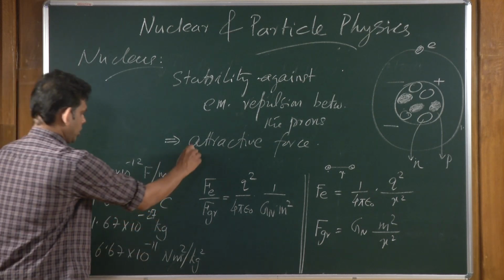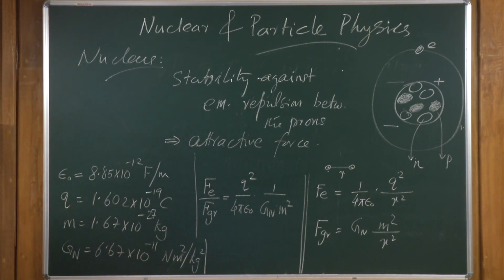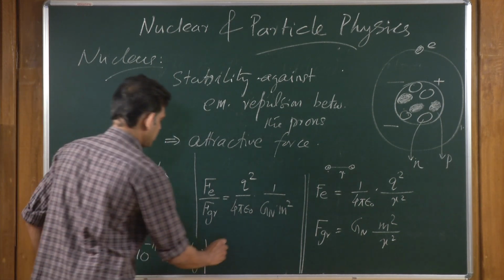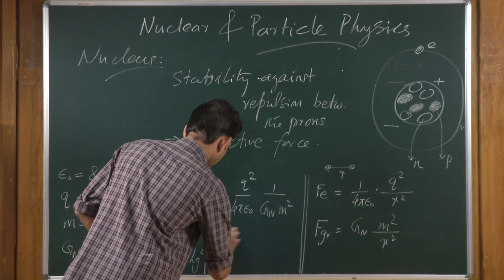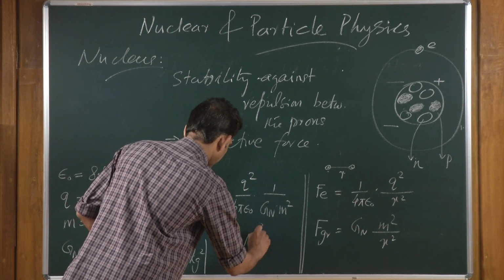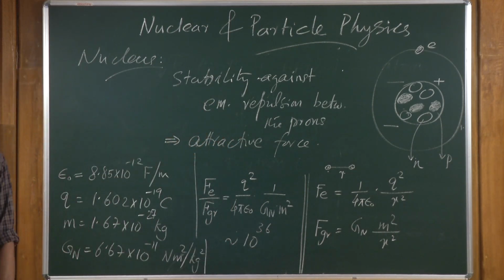Put all these things together and you get that the ratio of the electrostatic repulsive force between two protons to the gravitational attractive force between the same protons at the same distance is of the order of 10 power 36, positive 10 power 36.